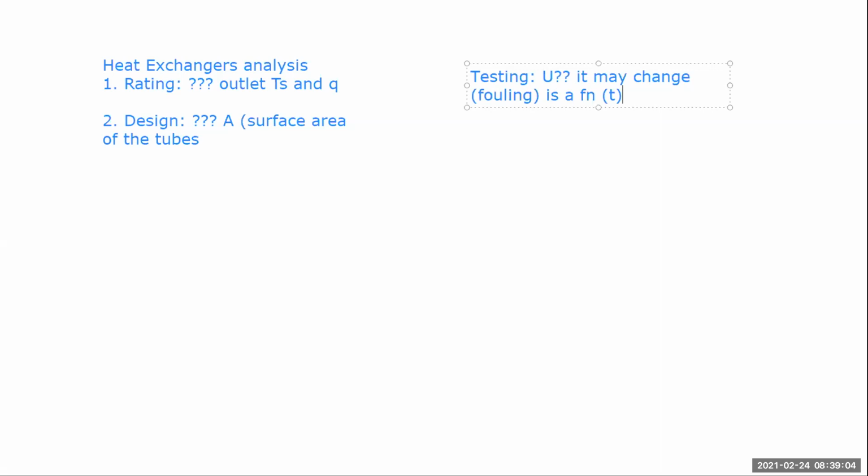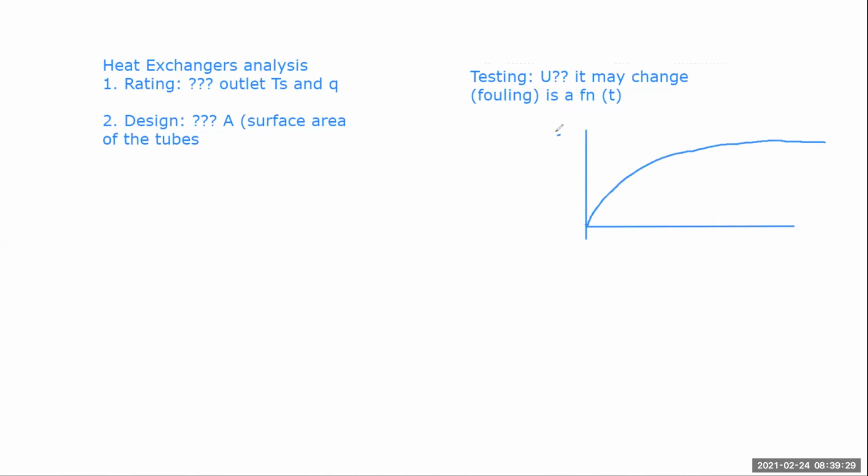And by the word asymptotically, I mean that it would start, for example, at a small value, and then with time, with months, it keeps on increasing at a certain rate until it reaches an asymptote, like a constant value. So as if this is the fouling factor, and here this is the time in months. So that would be different ideas.